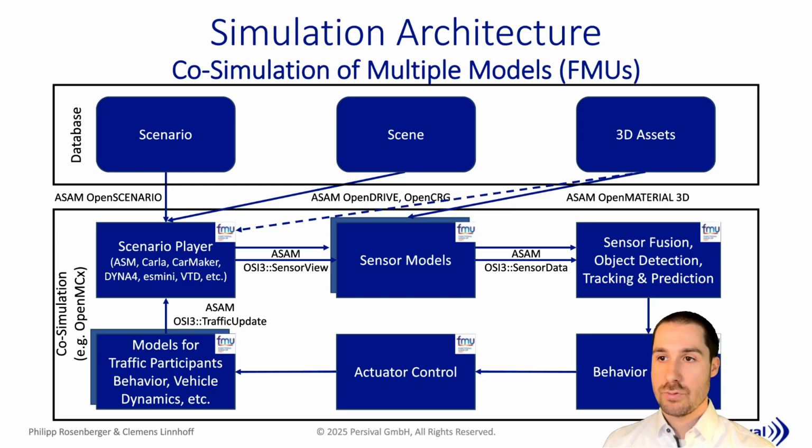You want your sensor simulation to come from the actual supplier of the real world sensor, because they know best what their sensor can and cannot do and how to model that. And that's where co-simulation comes into play, because co-simulation means you can plug models from different sources together in one simulation. Let me show you what an example of a co-simulation architecture can look like.